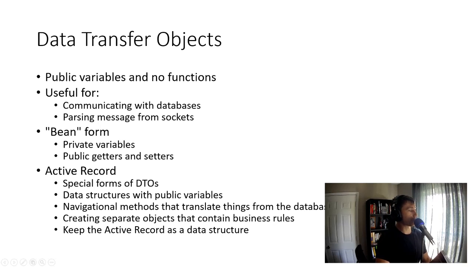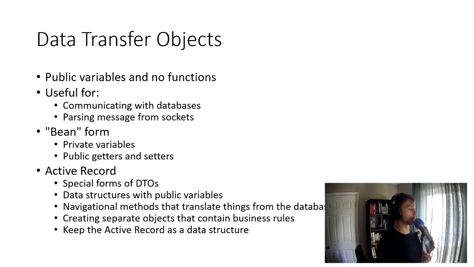But another thing that Uncle Bob talks about is the active record. And what is an active record? Well, an active record is a special form of a DTO, and they are data structures with public variables, but they typically have navigational methods like save and find. Typically, these active records are direct translations from database tables or other data sources.